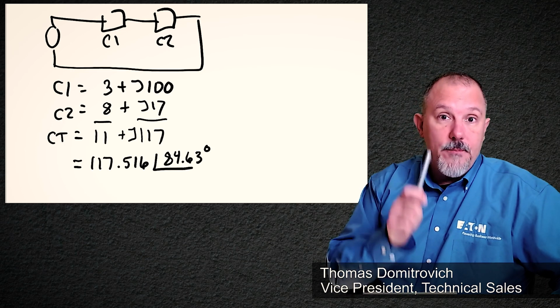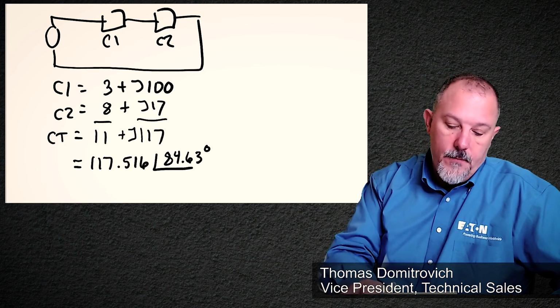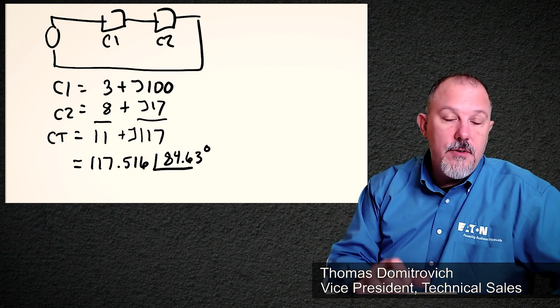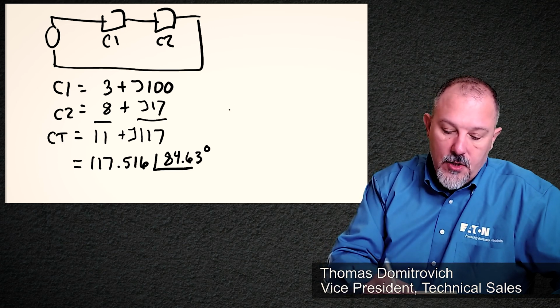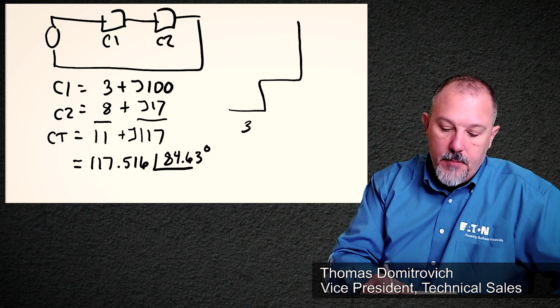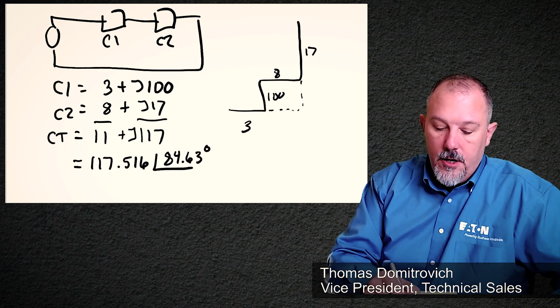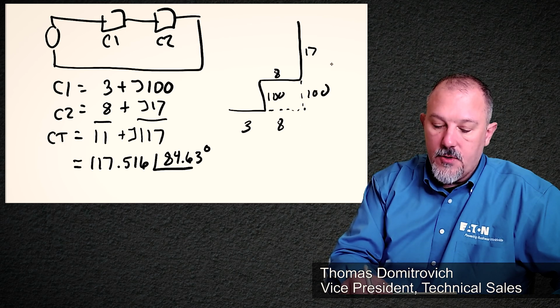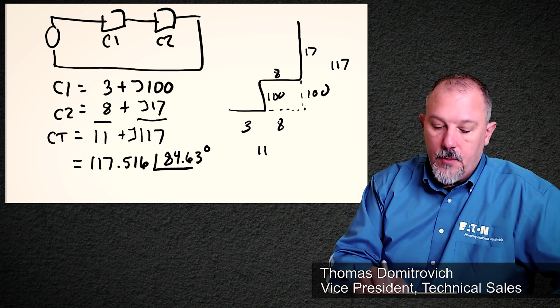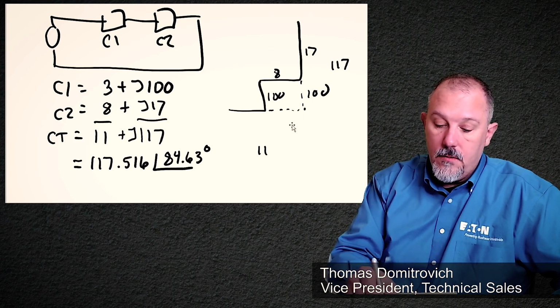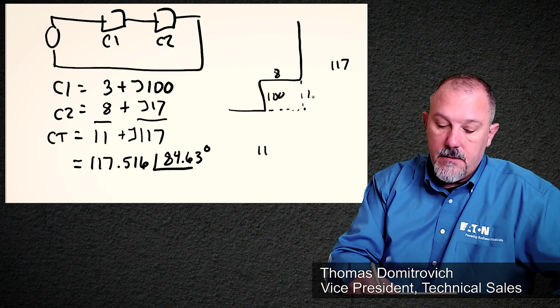What I'm showing you is that by adding these two together, we took two triangles, a 3 plus 100 and an 8 and 17, and created one larger triangle, 117 and 11. So we know that our new triangle looks like this.